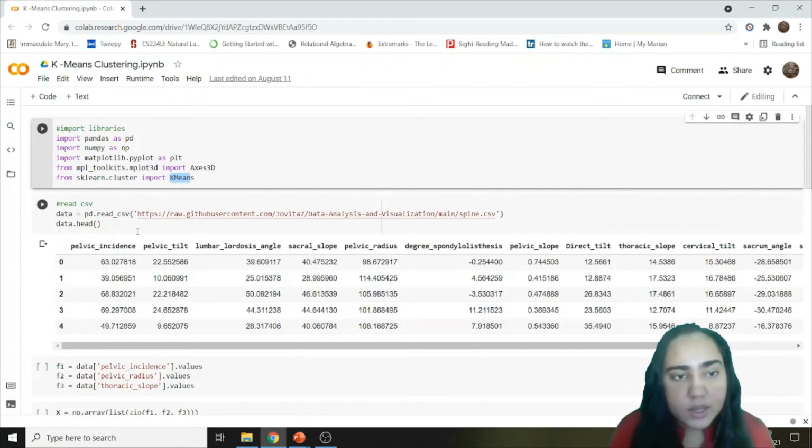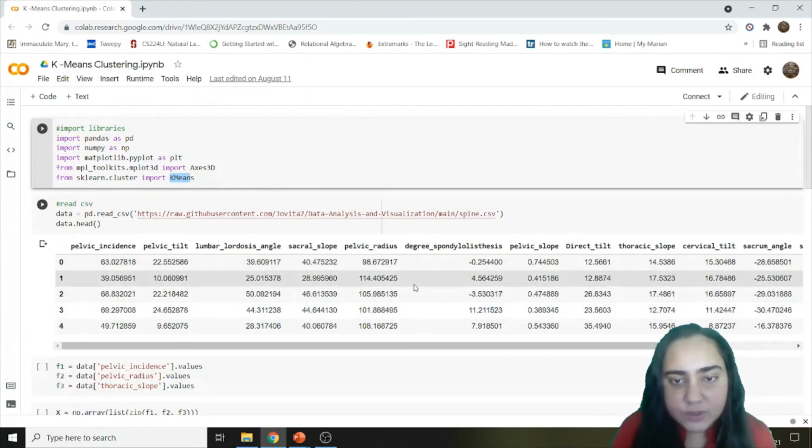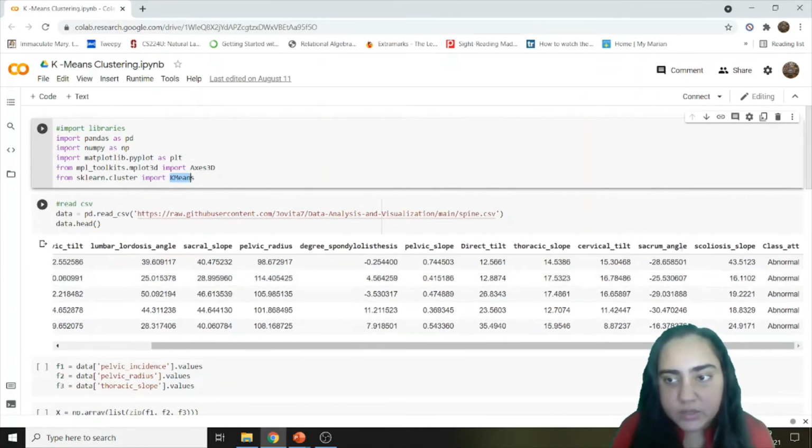And the file that we are using, the CSV file, is this file on several kinds of spine related data. The spine is sort of a backbone that people have, and this data is used to find out if the spine is abnormal or normal for different kinds of people.